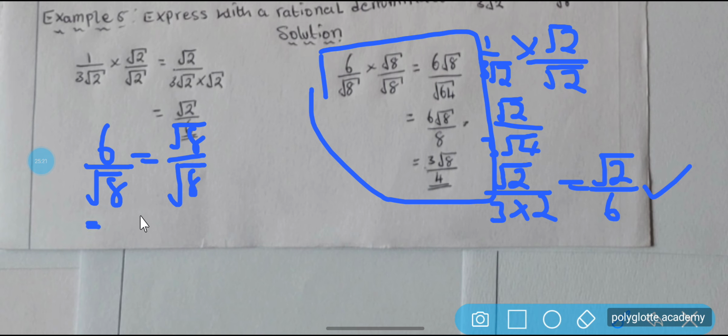And here we're going to have 6 times root 8, which is 6 root 8 divided by 8 times root 8, which is root 64.